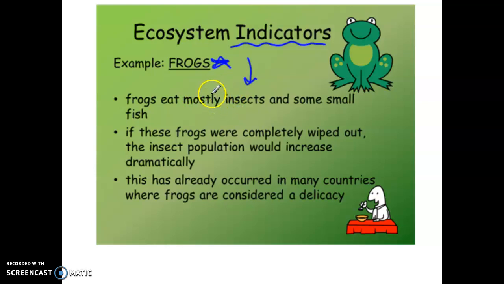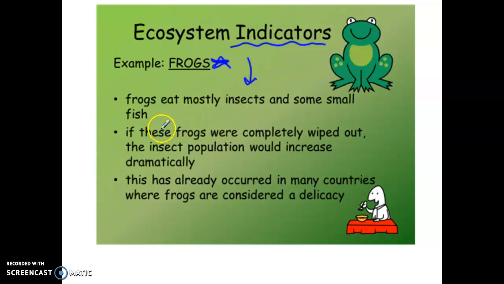So it could mean that something is happening in the water or something's happening in the soil, right? Whereas let's say you pick a species of fish, fish might only indicate what's happening in the water, right? So usually scientists, or biologists more specifically, or ecologists who study ecosystems, try to pick species that can look at more than one type of environment.